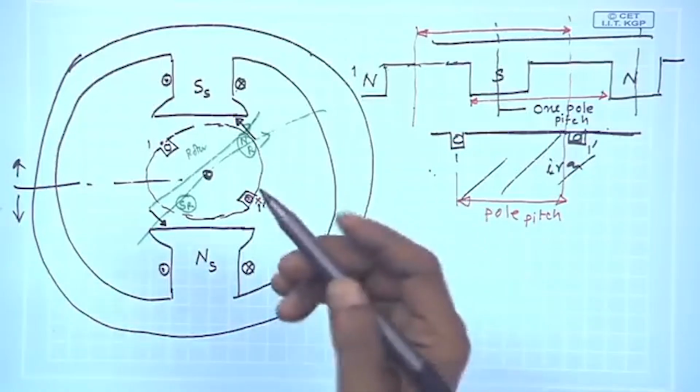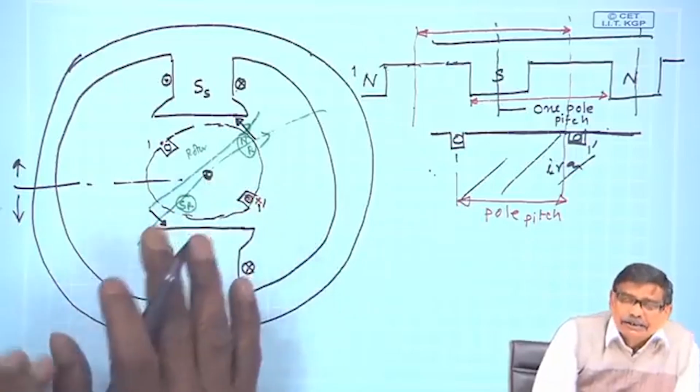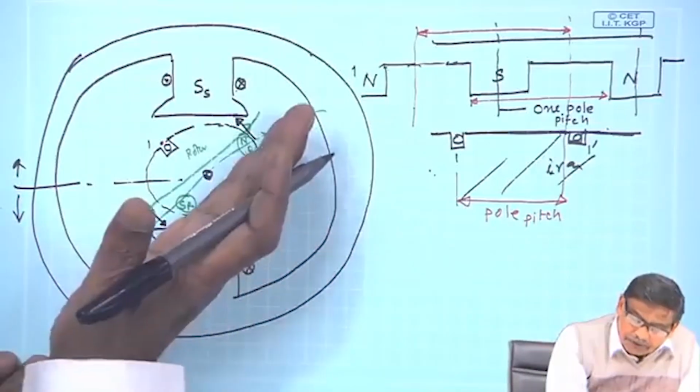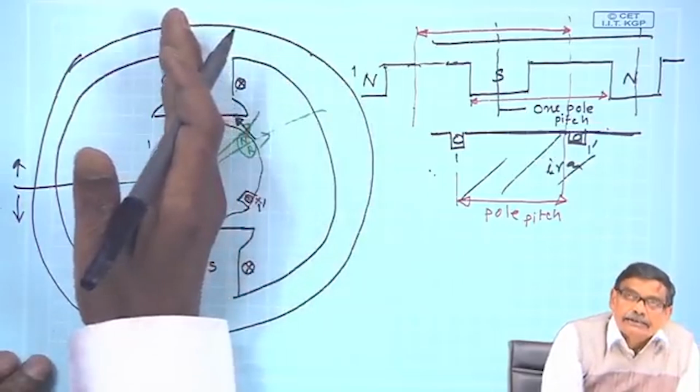Understood? That is the way you look at things, it will produce a field like this.